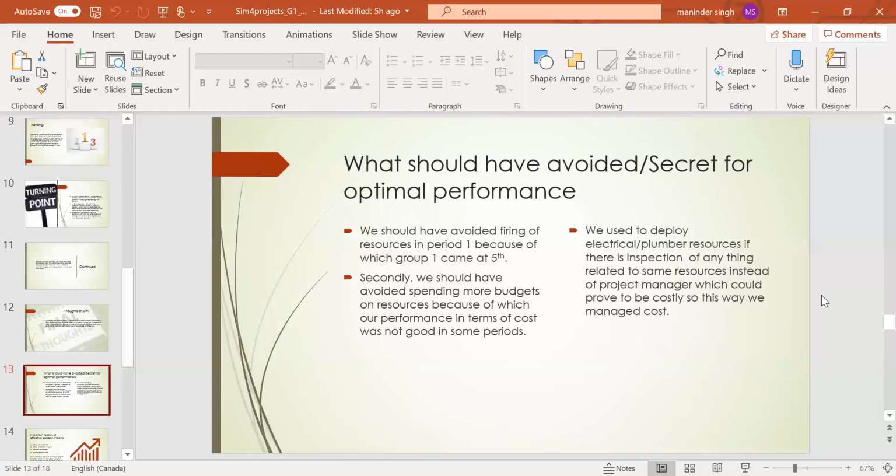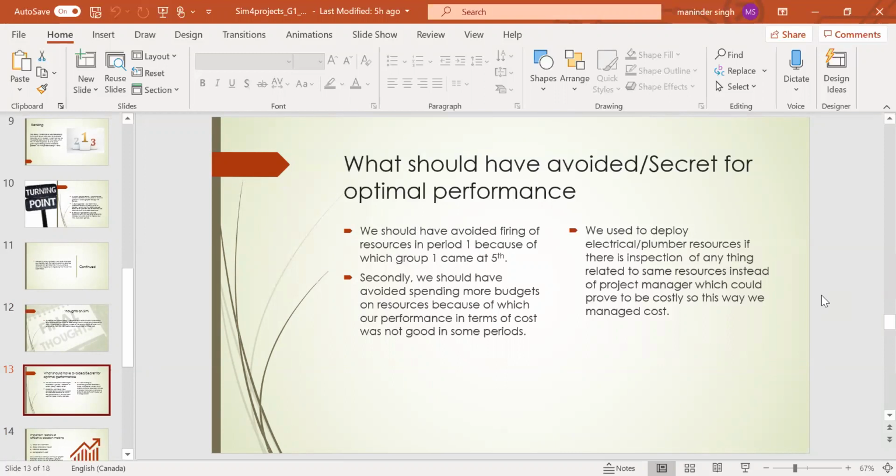And second, we should have avoided spending too much budget on the resources, which resulted in our bad performance in terms of cost.